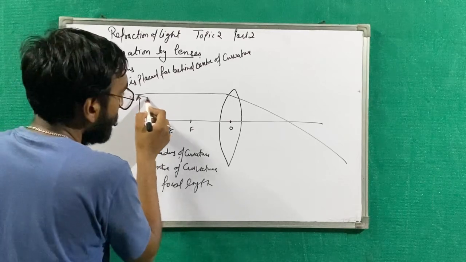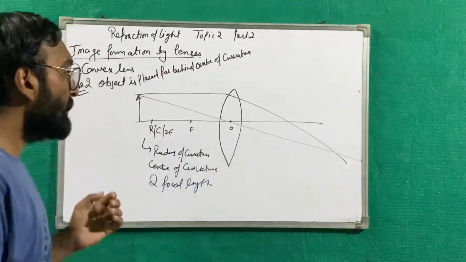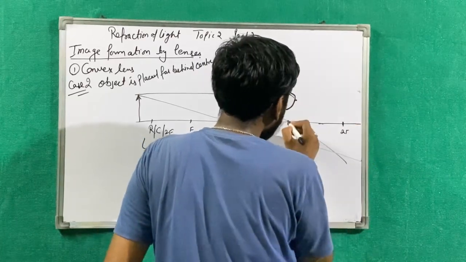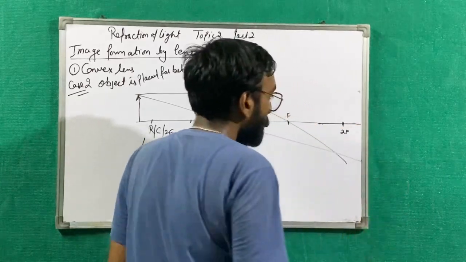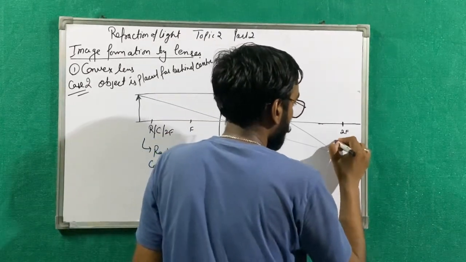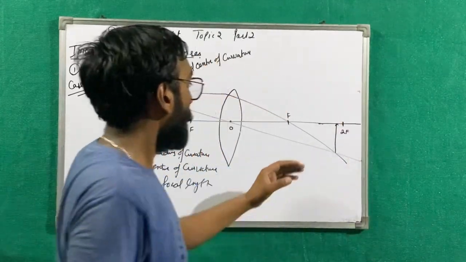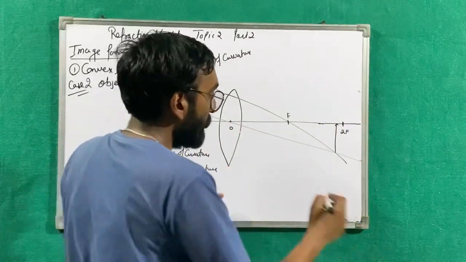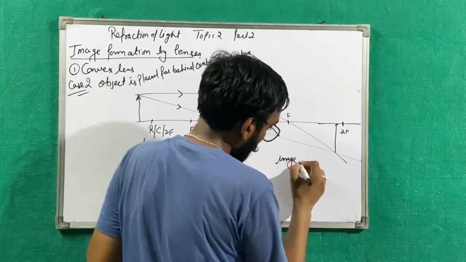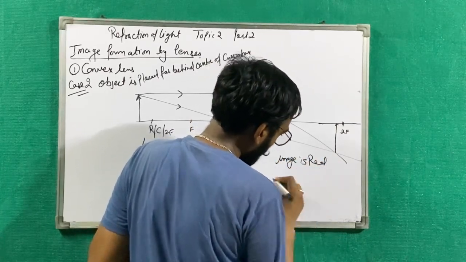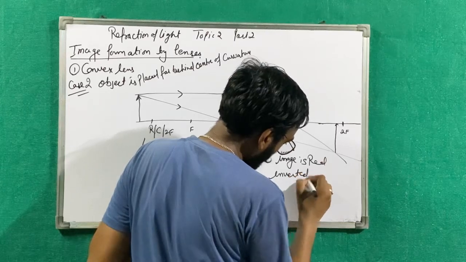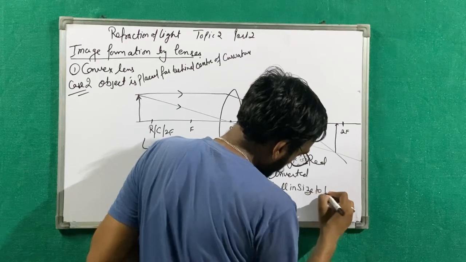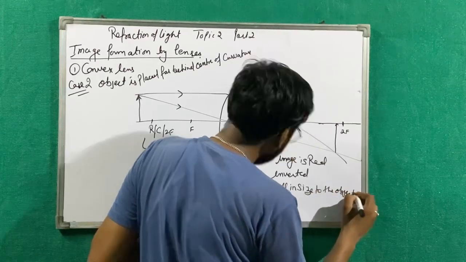The second ray will be passing through the optical center, meeting at a point that is in between focus and 2f, in between f and 2f. The image is real, inverted, small in size compared to the object.